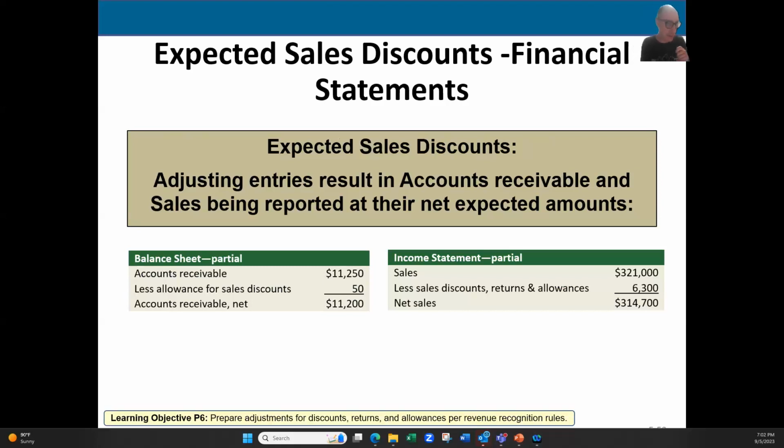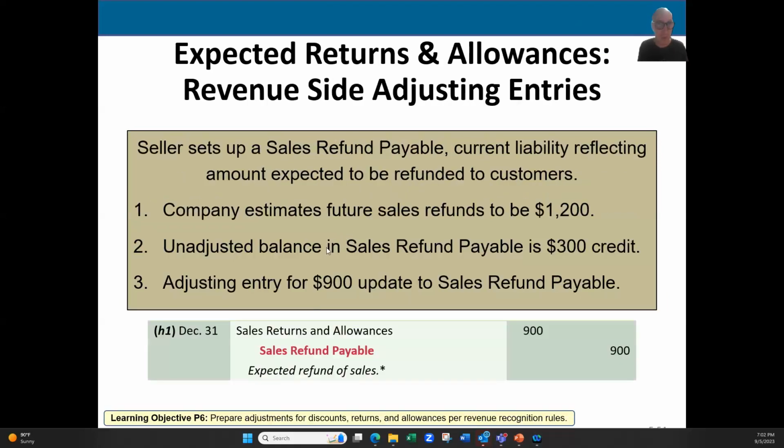Sometimes you'll notice that we estimate expected discounts or expected allowances. To do that, we go through an estimation process. It's important that you know what that is, because we'll talk about that again soon. I just wanted to give you a heads up. That's something that we do.